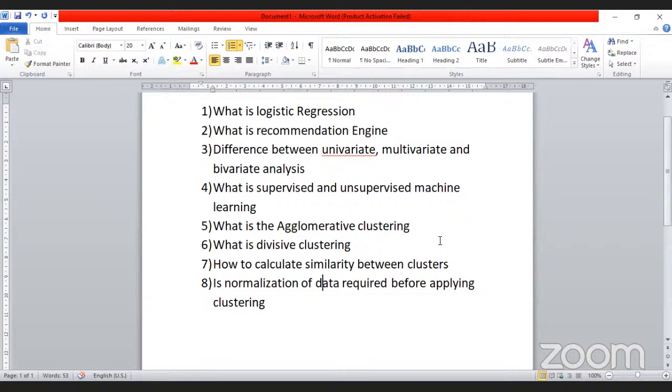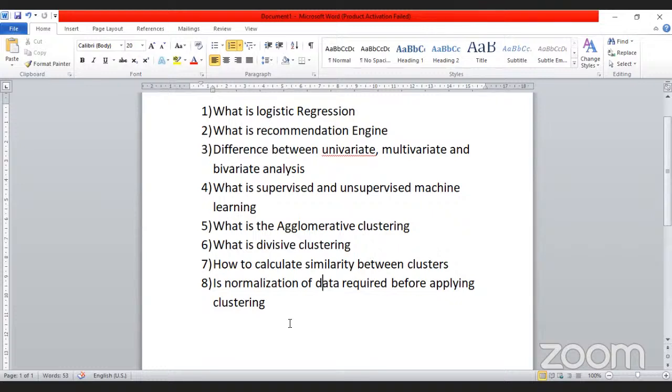When we apply normalization on our data, it will eliminate redundant data and give us clean data. After cleaning the data, we can form much better clusters, and we can get a better accuracy. So yes, we have to normalize our data before applying a clustering technique.